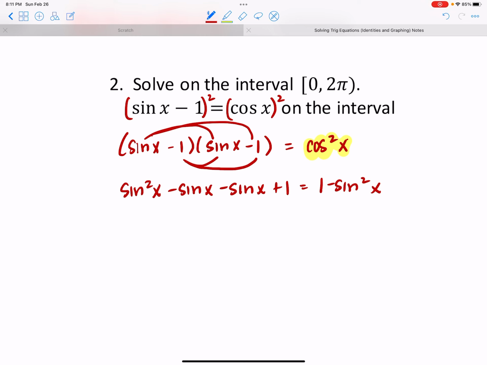So now that I have one trig function, again, but with varying degrees, I'm going to try to get this in a factorable form, so everything on one side equal to 0. I'm going to subtract the 1 from both sides, which cancels it on both sides, so that's nice. I'm also going to add over the sine squared x to its like term, so that's gone from this side.